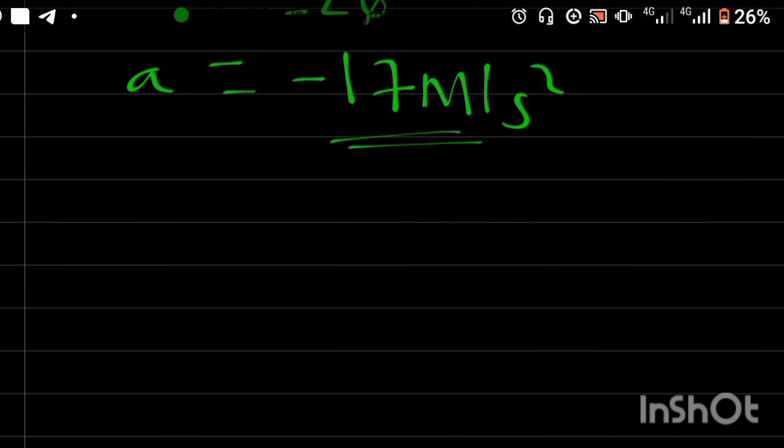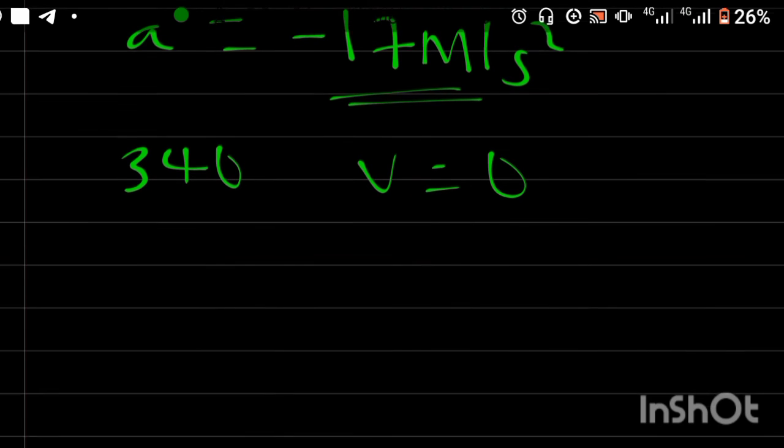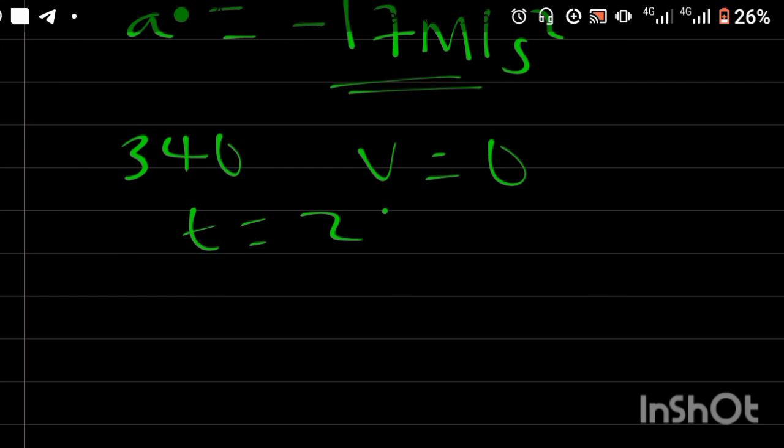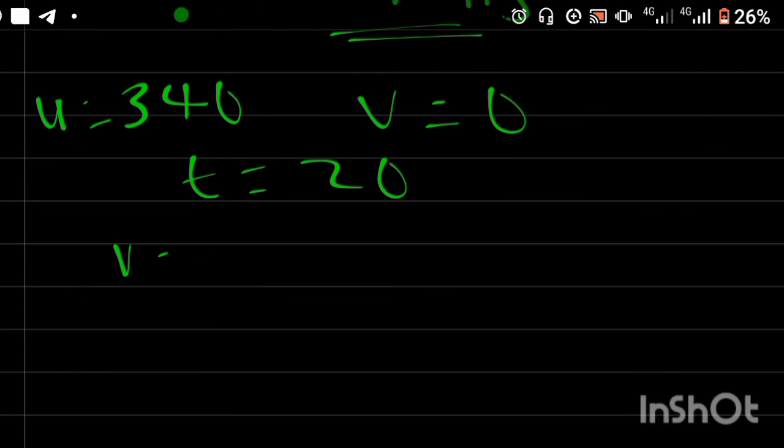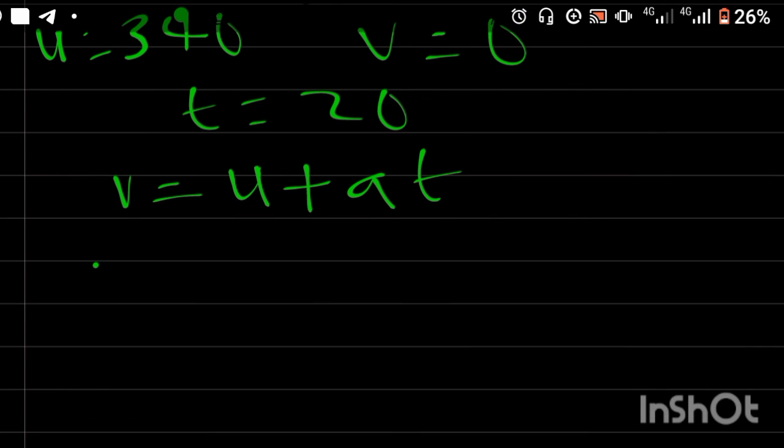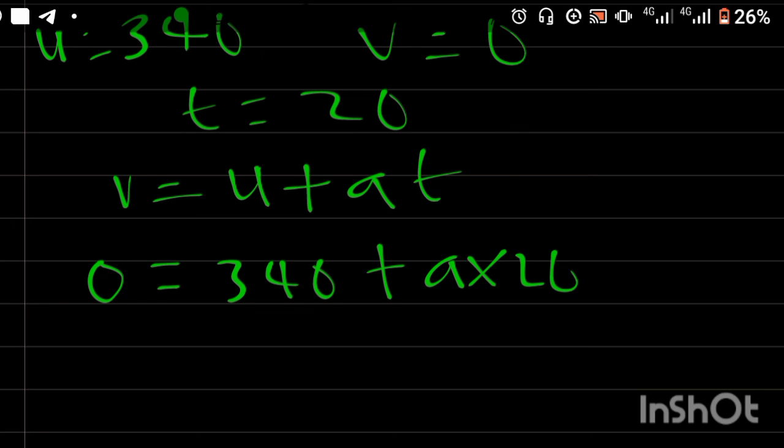Okay, let's use the equation of motion to calculate this. An object has an initial velocity of 340 and it is brought to rest. Final velocity is equal to 0 when an object is brought to rest under a time interval of 20 seconds. We use V is equal to U plus AT. The final velocity is 0, then 0 is equal to 340 plus A times 20.